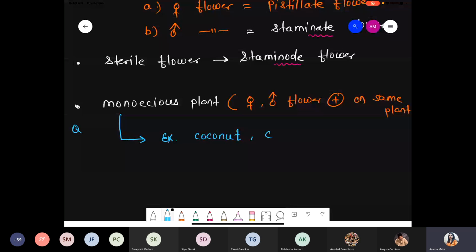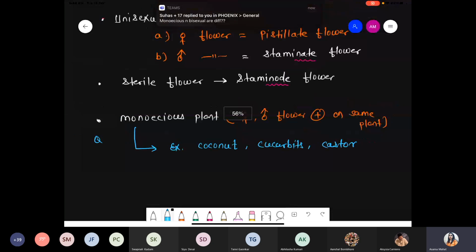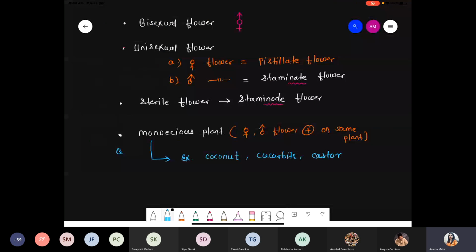Now, whenever we are talking about the bisexual flower, it means that within a single flower, male and female are both present. These are two different concepts. A bisexual flower is one flower. For example, hibiscus: on that hibiscus plant, the female part, the gynoecium, is present, and the androecium is also present. Inside the single flower both sexual parts are present. That is called bisexual.